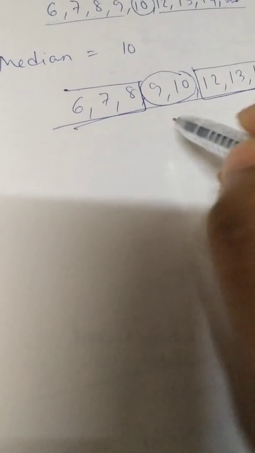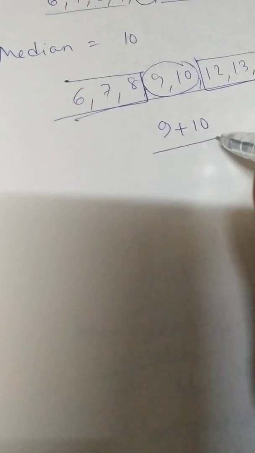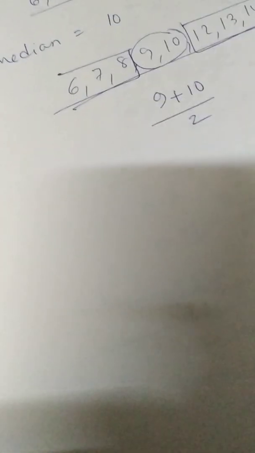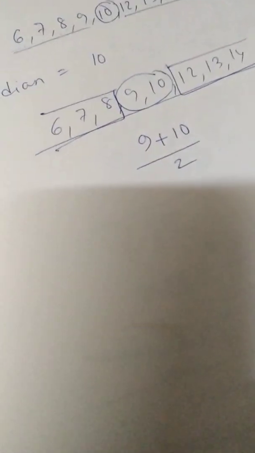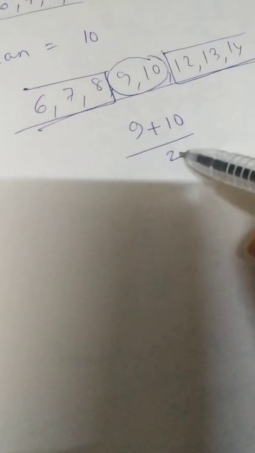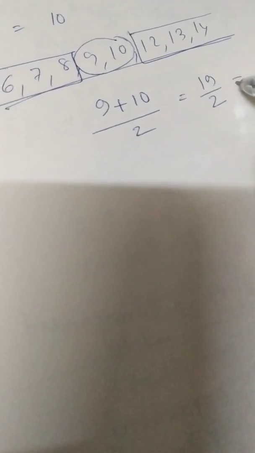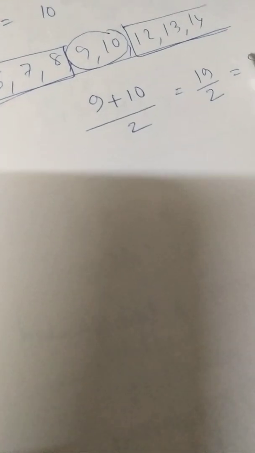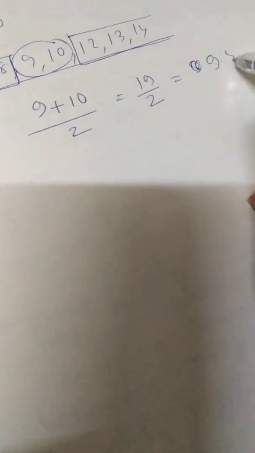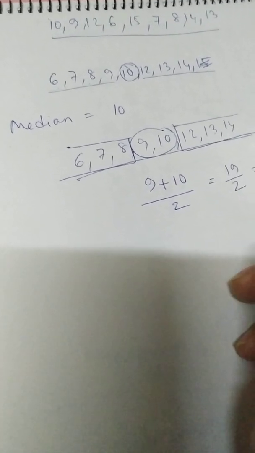I just add them both, then after adding them I divide by 2. So that is 19 by 2, that is 9.5. This is the way we can find the median.